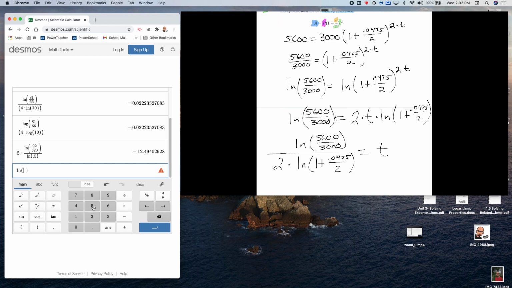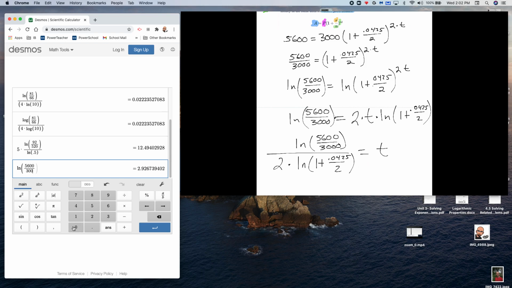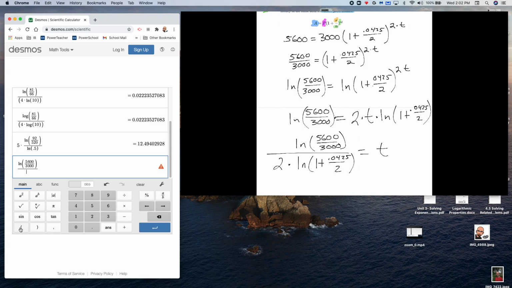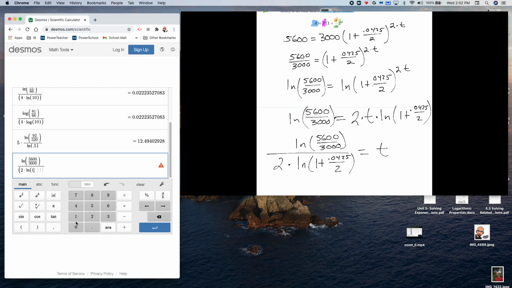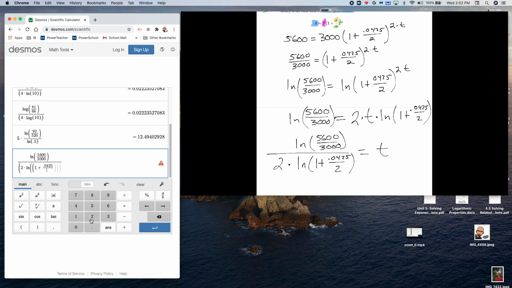Now I'm going to do 5,600 divided by 3,000, close the parenthesis, divided by, I want to divide by all this stuff, 2 times the natural log of 1 plus 0.0425 divided by 2. And now I just got to close all my parentheses in here. Delta Math, or Desmos, shows me when I get there.